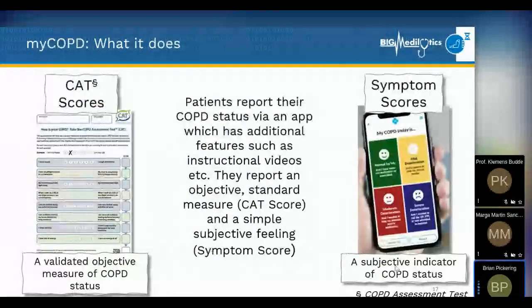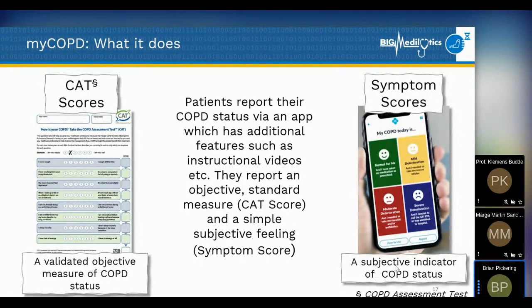The app itself, and I described this in more detail yesterday, and also on the booth there is more information, provides a lot of educational information like the GDMapp, but it also provides two very simple streams of information. One is the CAT score, the COPD assessment test, which is an independent instrument developed and validated for some years now within the respiratory community.